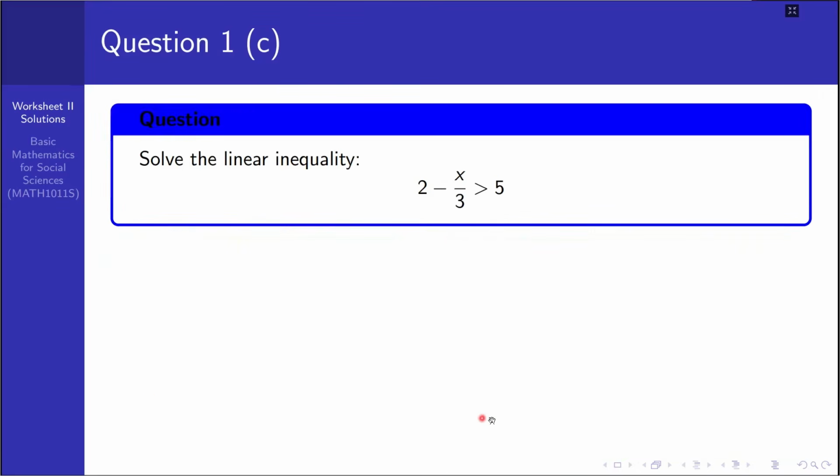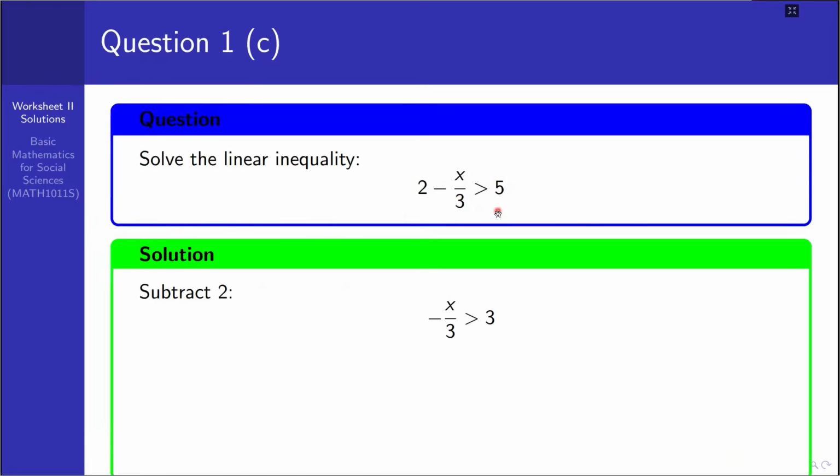Next question. Again, it is on inequality: 2 minus x over 3 greater than 5. Similarly, if we subtract 2 from both sides of this inequality, we have minus x over 3 greater than 3. And in order to make x alone here, let us multiply both sides of this inequality by the coefficient of the variable x, which is negative 1 over 3.